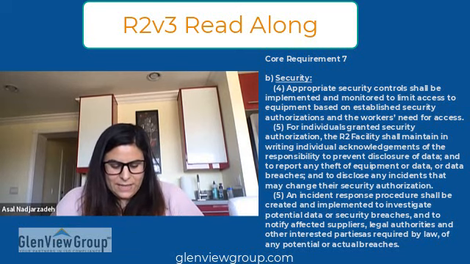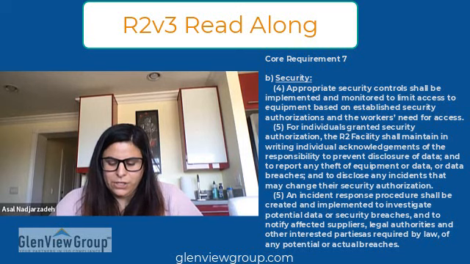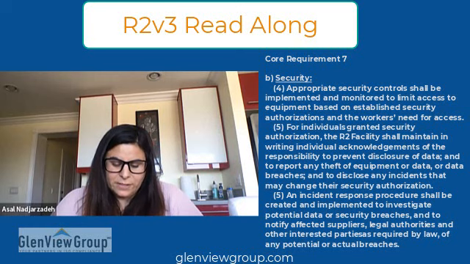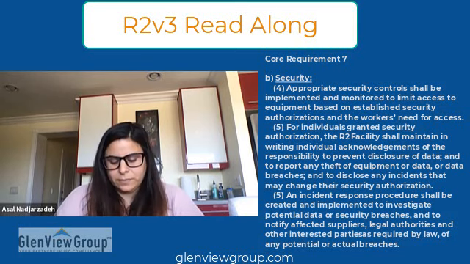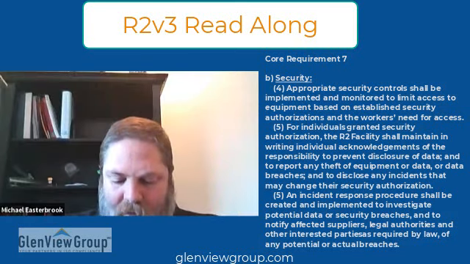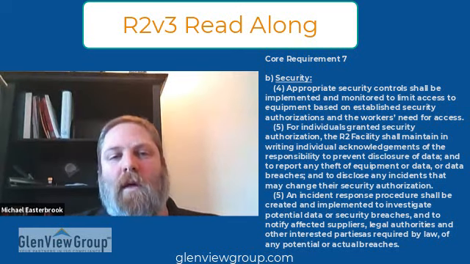And B6, an incident response procedure shall be created and implemented to investigate potential data or security breaches and to notify affected suppliers, legal authorities, and other interested parties as required by law of any potential or actual breaches. So hopefully I think this could be done.